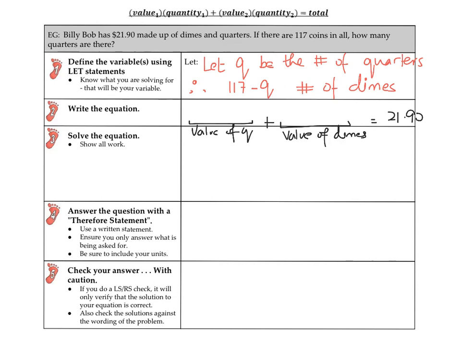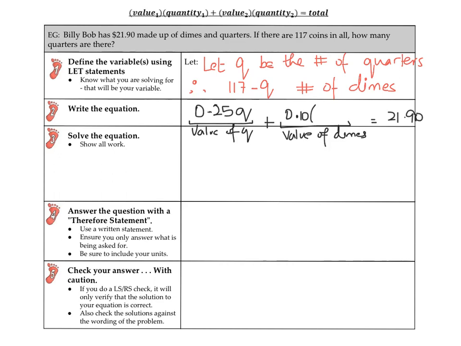A quarter is 25 cents. So if he has Q number of quarters, we can write this as 0.25 Q, because that would be in terms of dollars, since in our equation it's written $21.90. So we must make sure that we change it in terms of dollar value. Now a dime is worth 10 cents, so we can write this as 0.10 times how many dimes do we have?